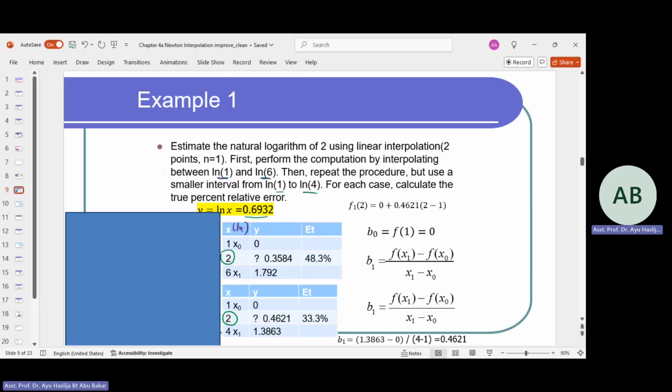Now we proceed with the example so that you can understand better. This example asks you to estimate the natural log of 2 using linear interpolation, n equals 1.